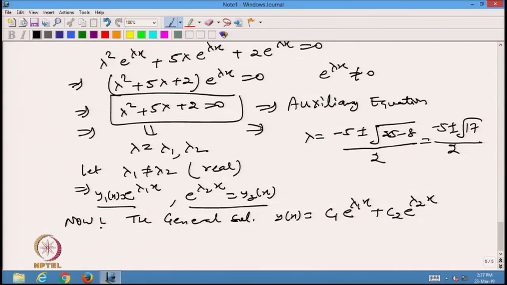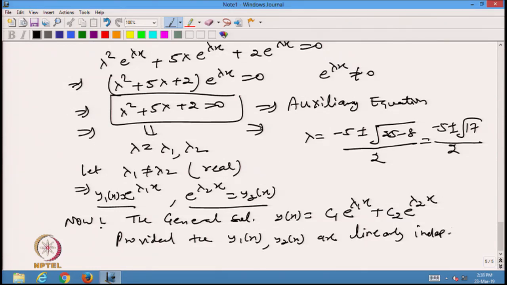So C1 and C2 are the two arbitrary constants, provided the solutions y1(x) and y2(x) are linearly independent.